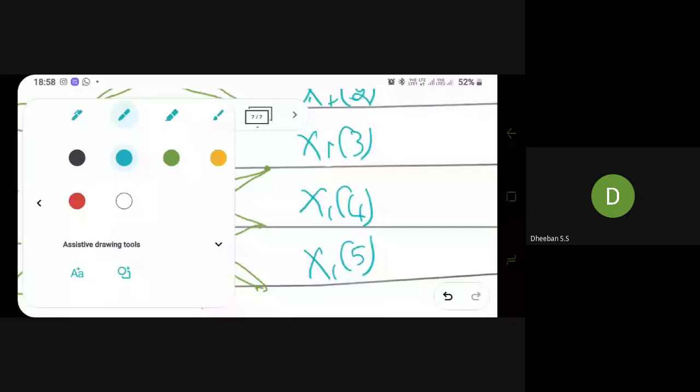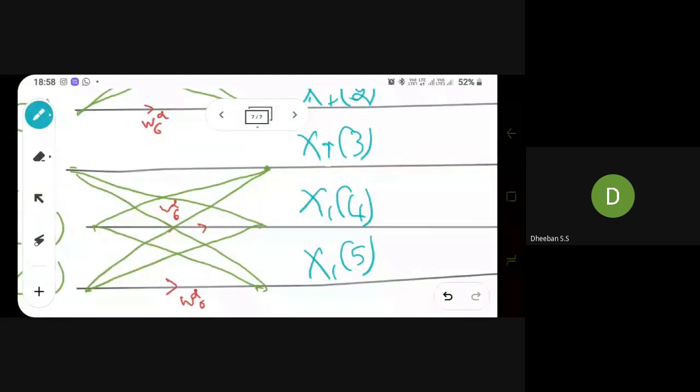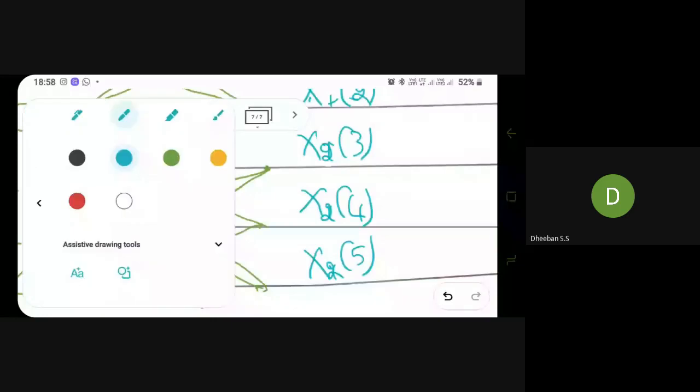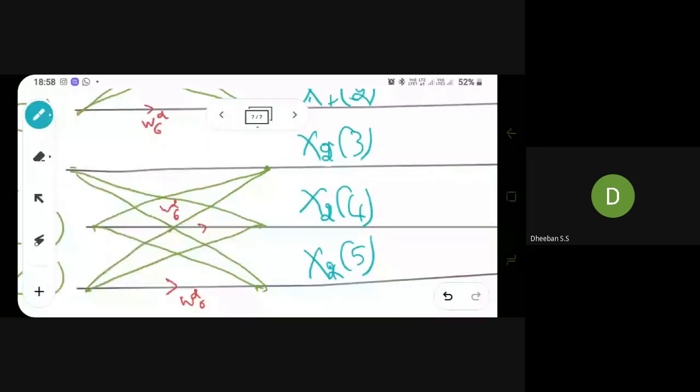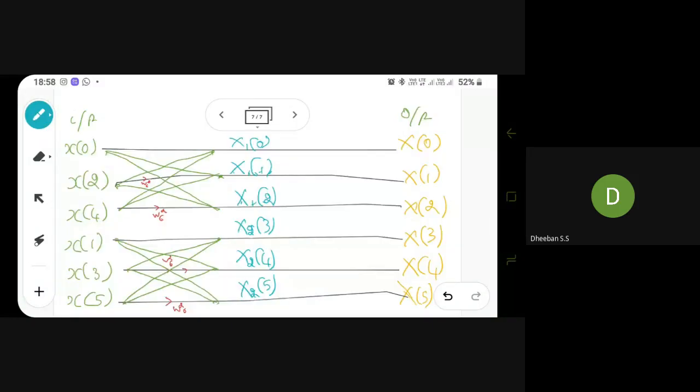Here it comes x2, x2, x2. Three samples: this is one sample, this is two samples, so we'll be getting the output. So two stages: the first stage, and then the second stage.